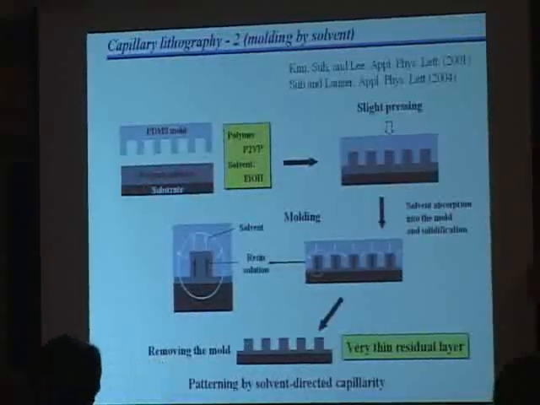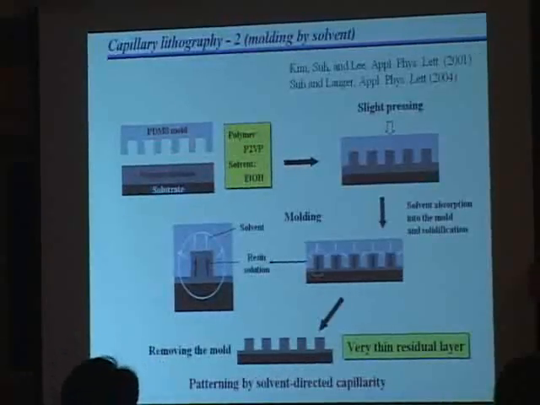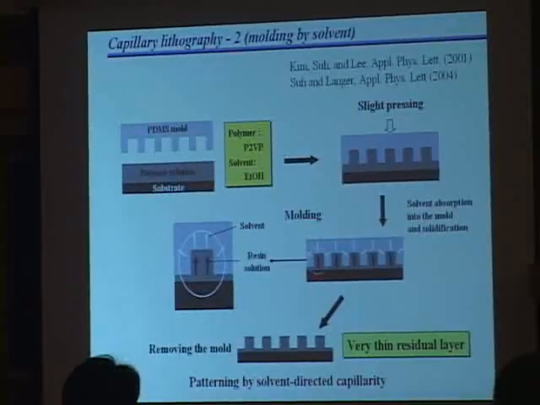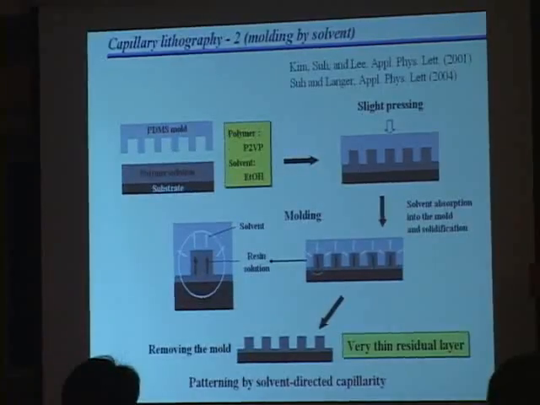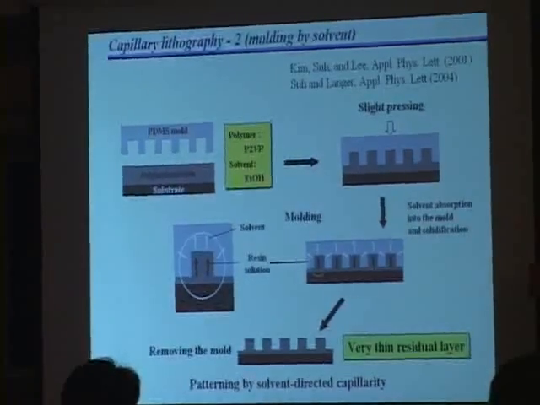When the polymer solution is liquid and the PDMS mold is directly applied, the polymer can spontaneously fill up the void spaces, and then we can find the negative replica after removing the mold. This is very simple. You can apply it to every polymer as long as the polymer is soluble in a certain type of solvent.